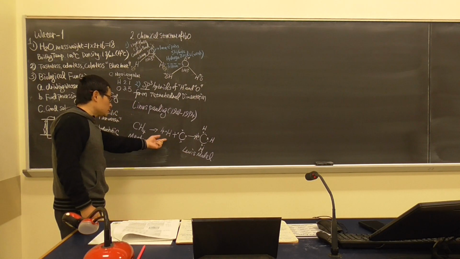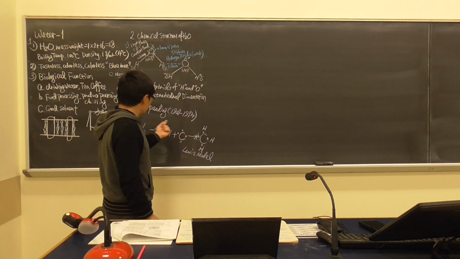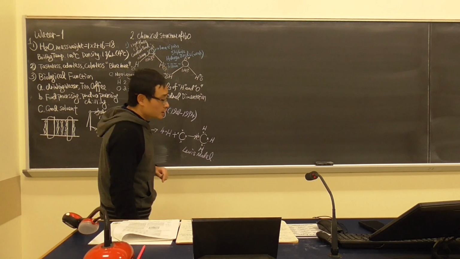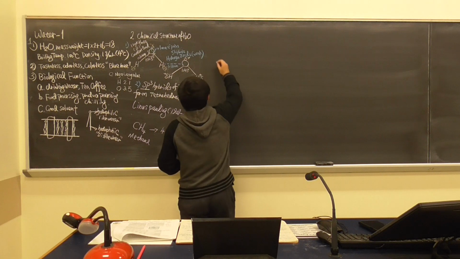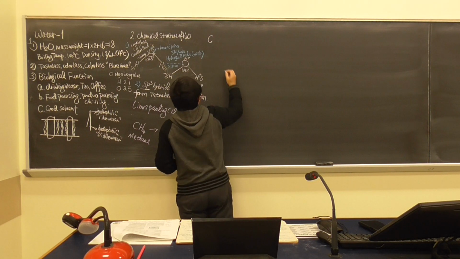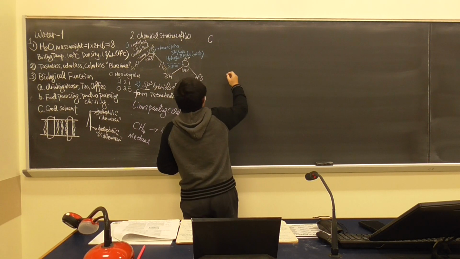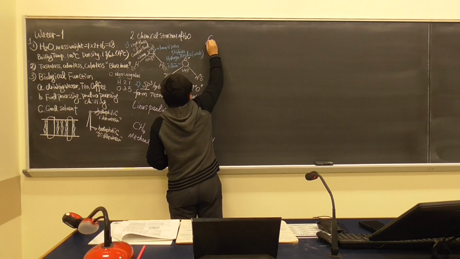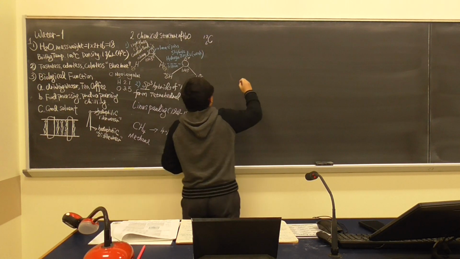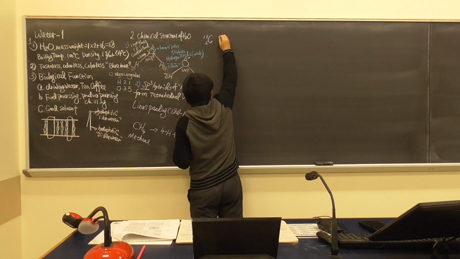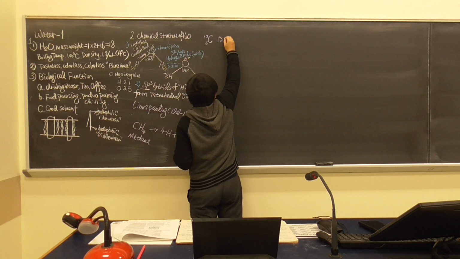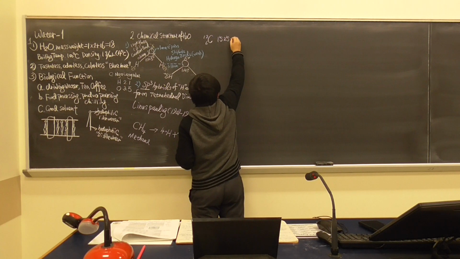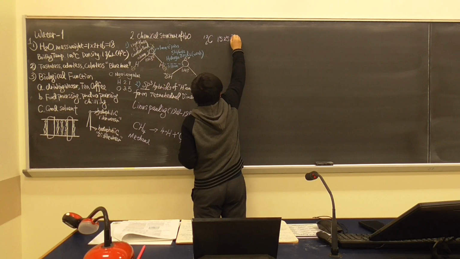Now we want to look at some detail about the sublayer orbital, what it looks like. Okay, so let's talk about this carbon. We know the carbon is 6, 12. So that electron arrangement should be 1s2, 2s2, and 2p2.